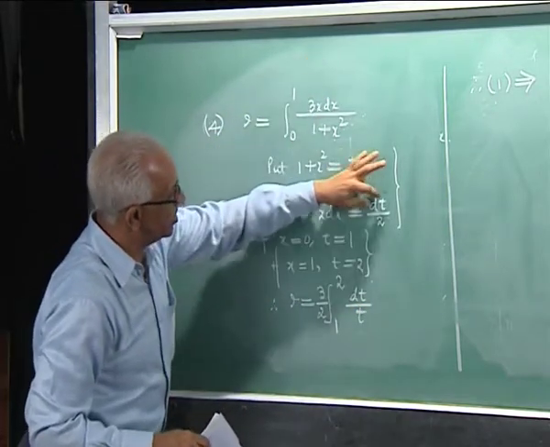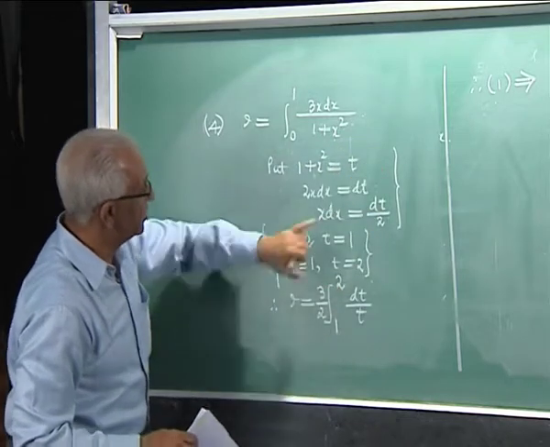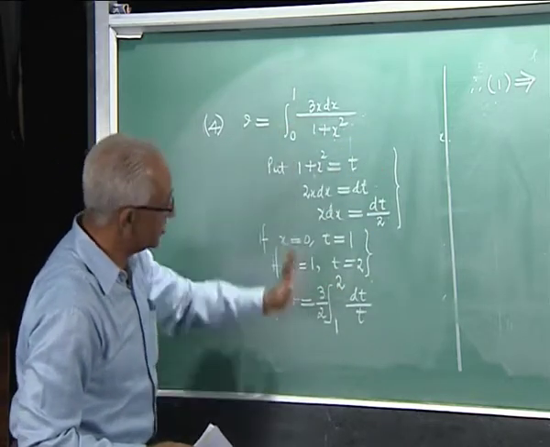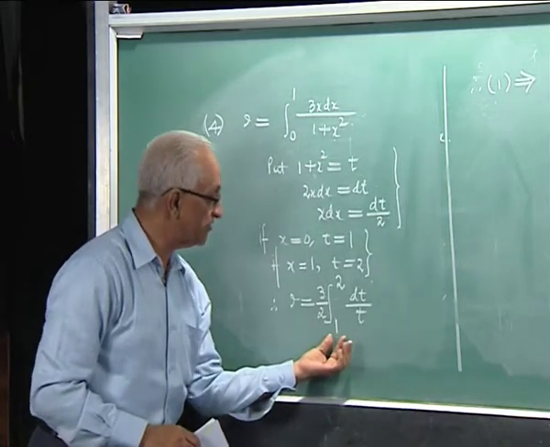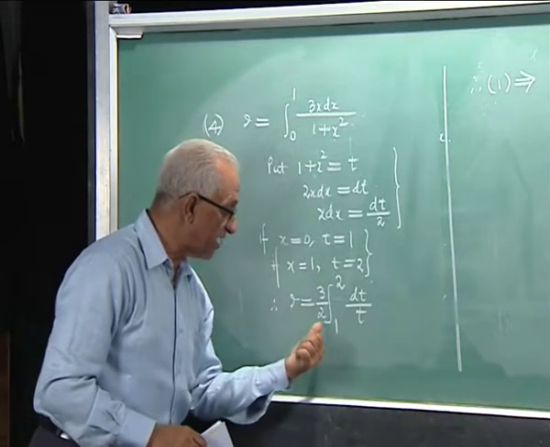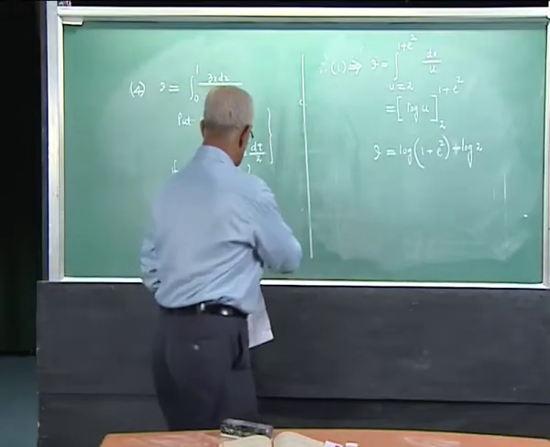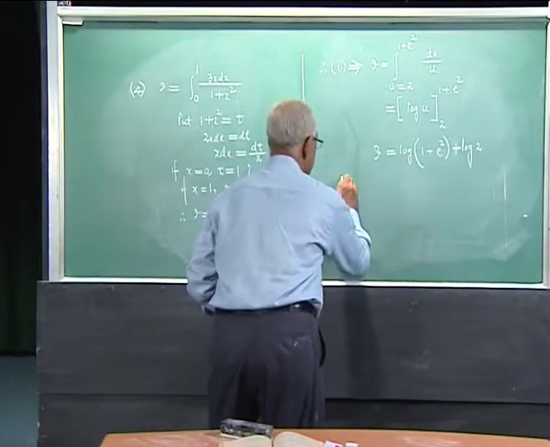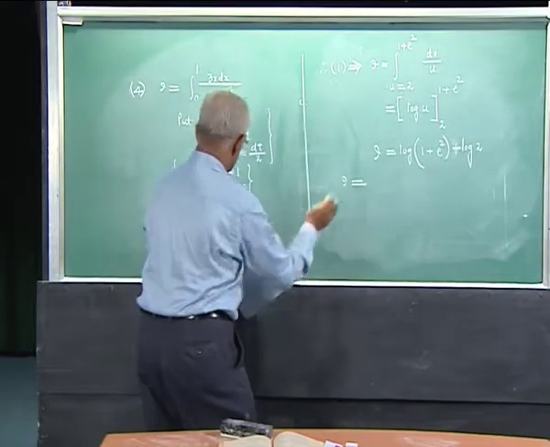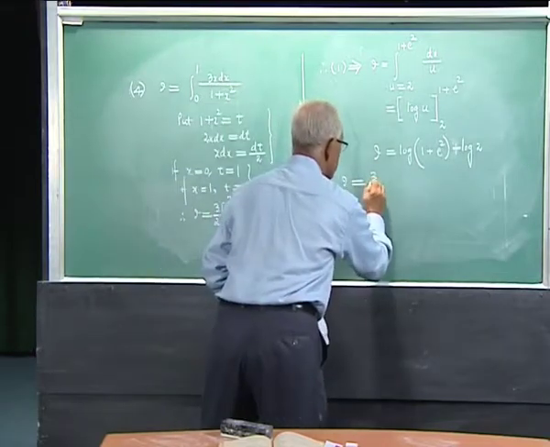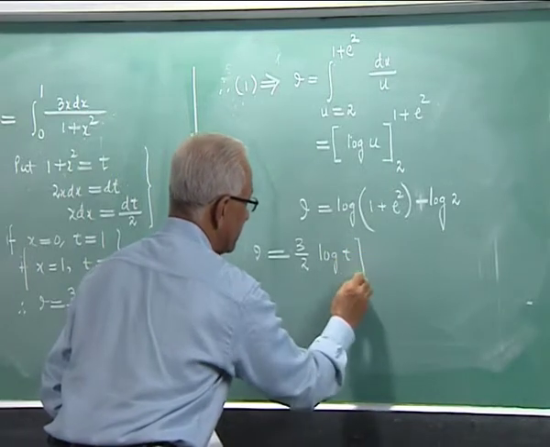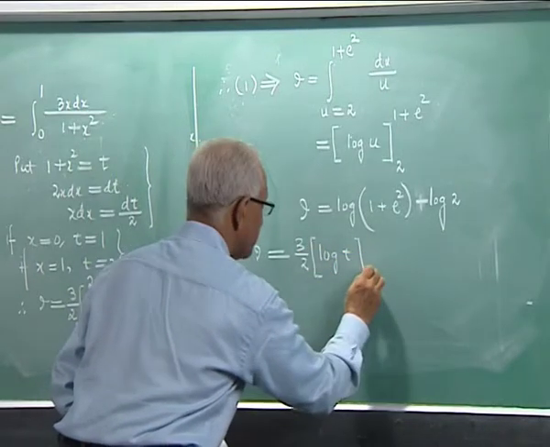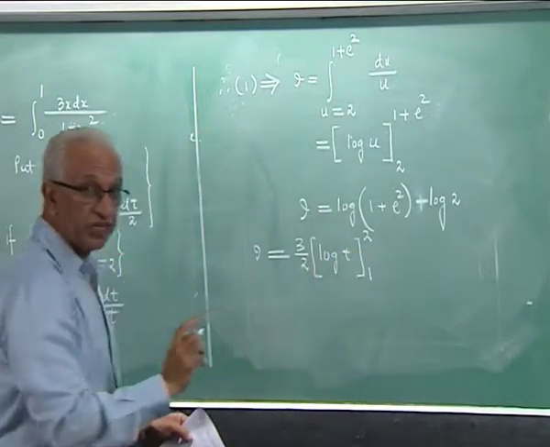x dx is replaced by dt upon 2. This 3 outside is because of this 3. Everything is okay. This is the representation of t, varying from 1 to 2. So here I will write: the integral is equal to 3 upon 2, and we know the value, it will be log of t, varying from 1 to 2. No constant of integration.